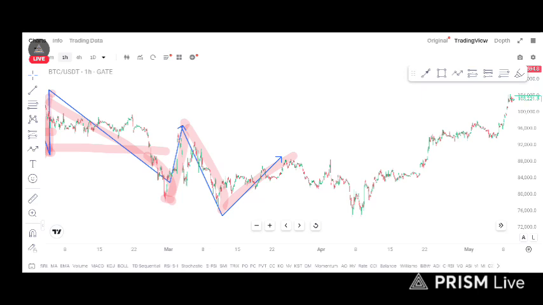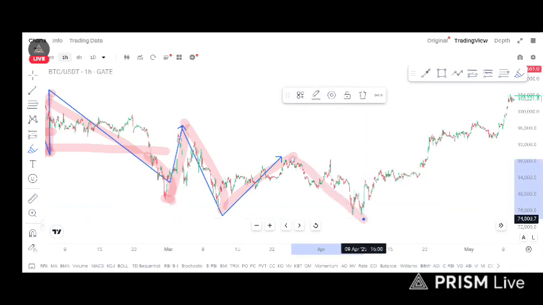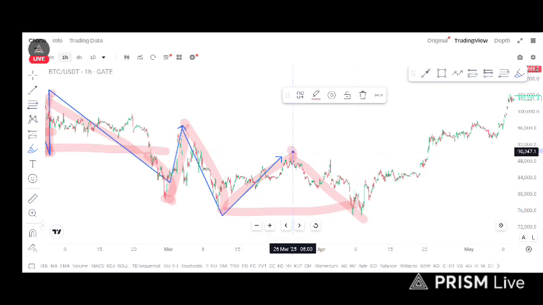Here, this was also a downtrend. This one also moved to the downside. It broke structure. This is a lower high, and this is a lower low.